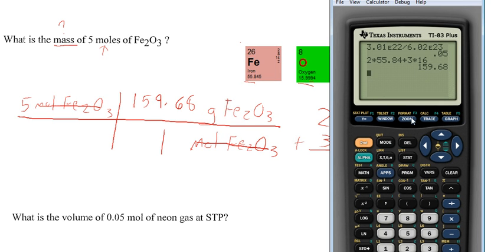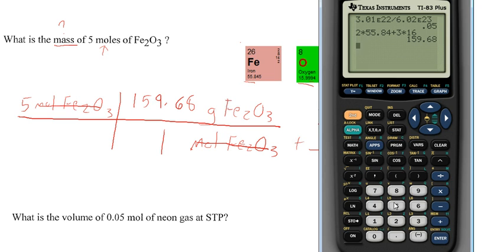Okay, this time I have a 5 at the top, and the next number is also at the top. If a number is at the top, it means to multiply it. 159.68. This is what the calculator sends back. We need to consider the significant figures.